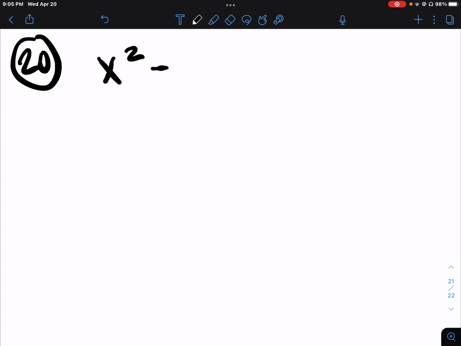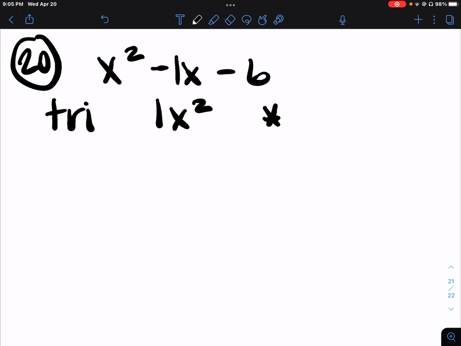Okay, this is also factoring. This is an understood negative 1. So we have a trinomial with a 1x squared. Multiply to the last number and add to the middle. So 6 is 3 times 2 or 6 times 1.